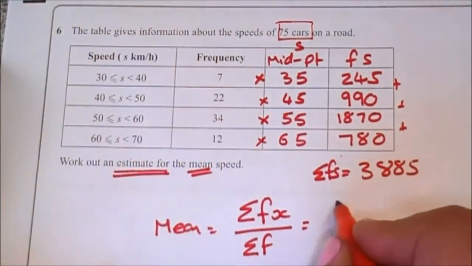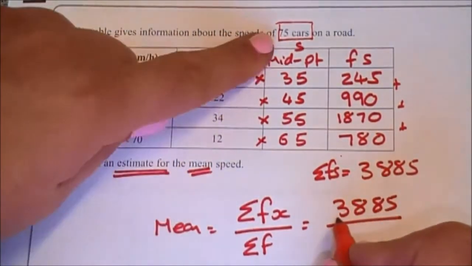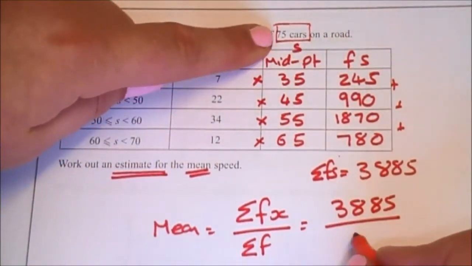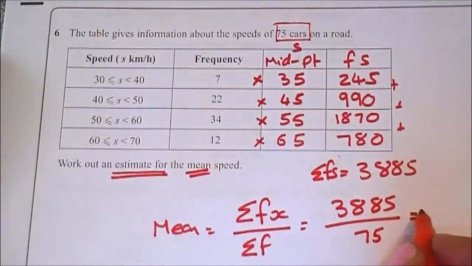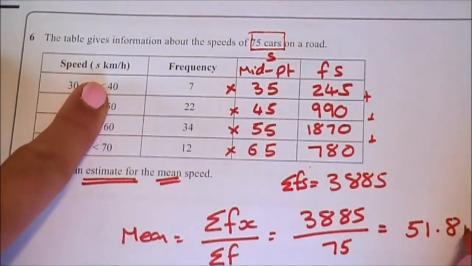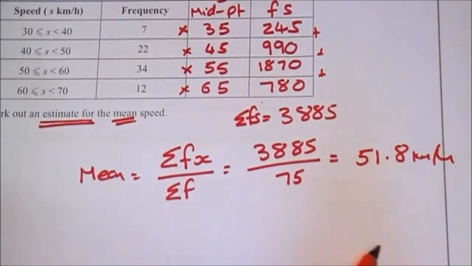So I know my total of my FS column was 3885. I need to divide that by my total frequency, which is the total of this column, 75. I put that in my calculator and it gives me 51.8. The speeds are in kilometres per hour, but that's written on the answer line. So my answer is 51.8.